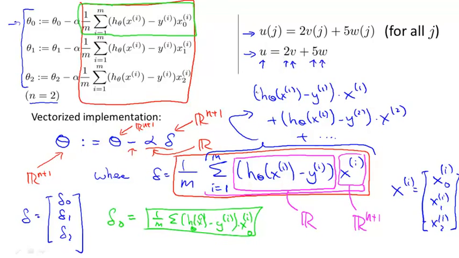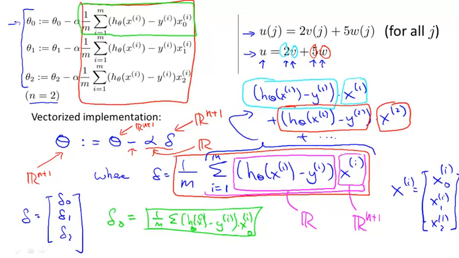This summation over here is just some real number, kind of like the number 2, times the vector x1. So it's like 2 times v, but with some other number times x1. And then plus, instead of 5 times w, we have some other real number times some other vector, and then you add on other vectors, plus dot dot dot.